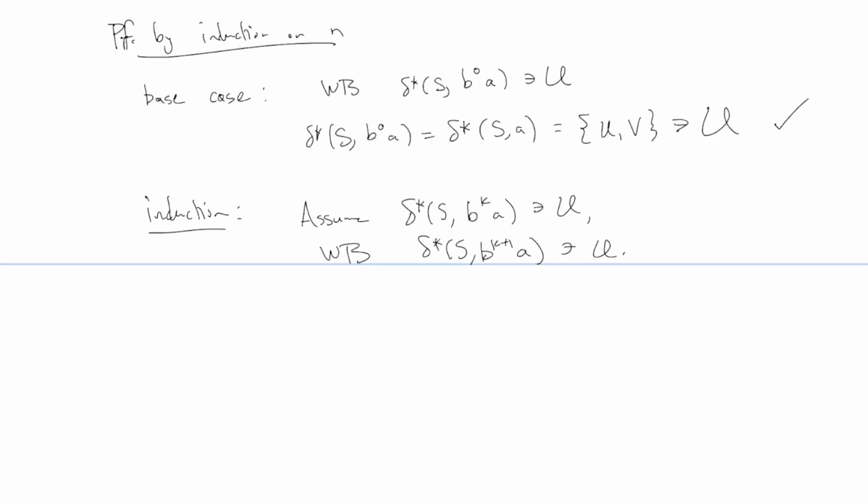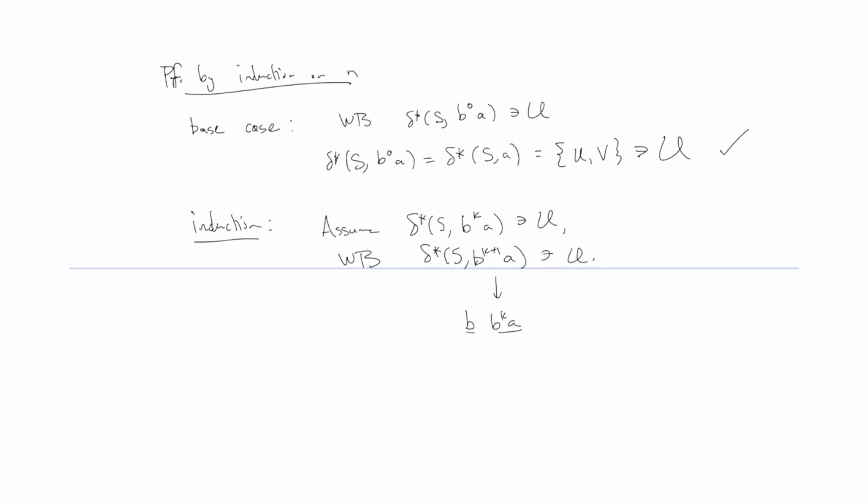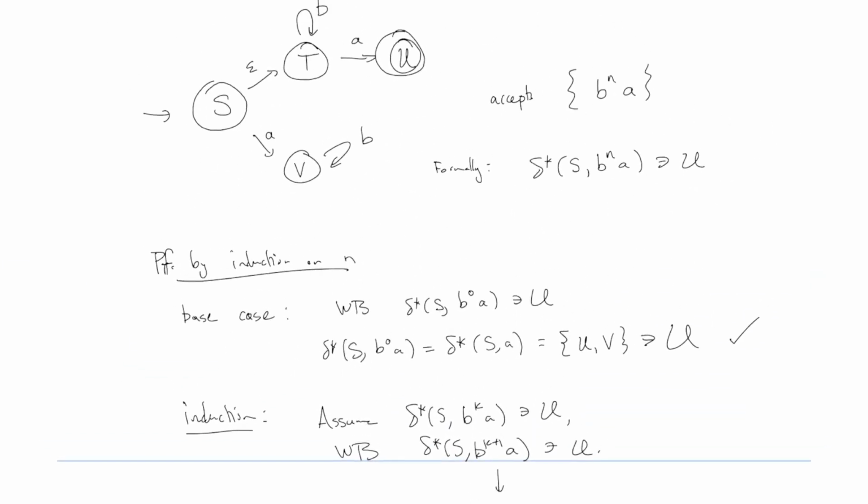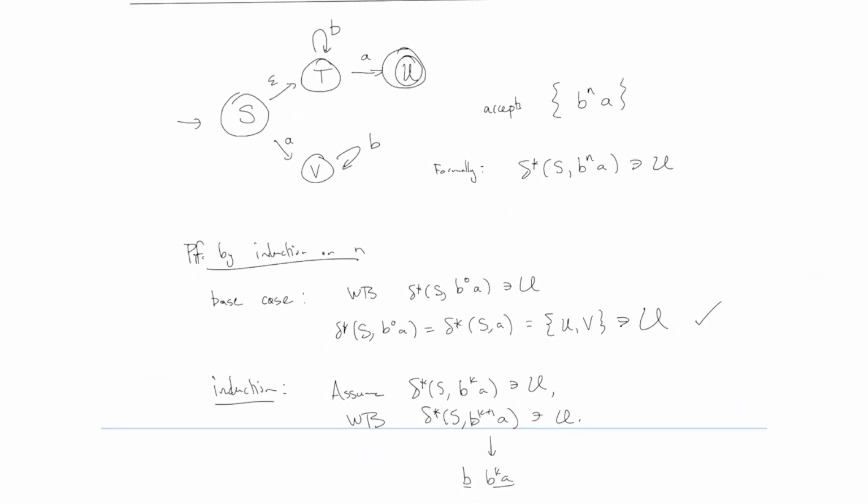And as usual, you are going to break apart this string, B to the k plus 1 A, I think of as B first, followed by B to the k A. And you have to do this somewhat weird thing here. I think that this will work out okay.